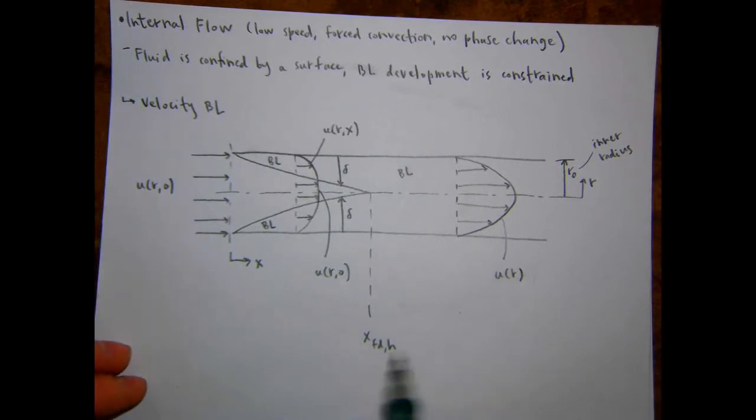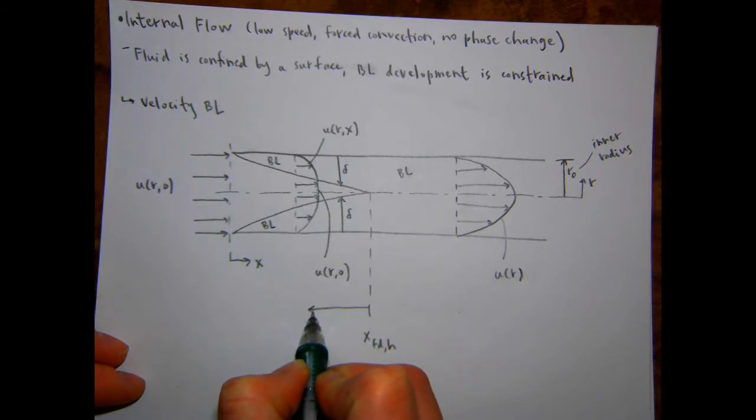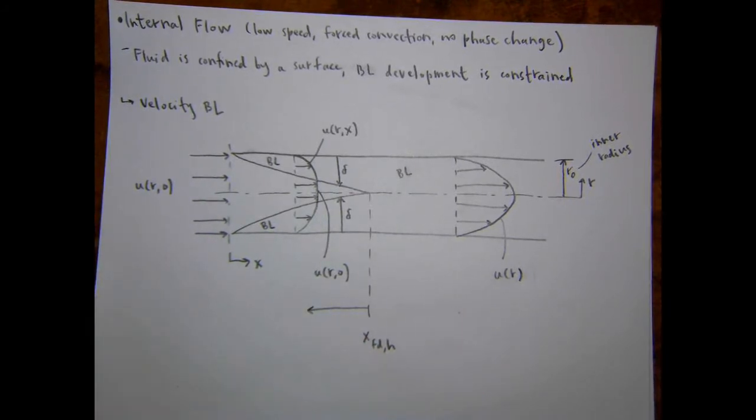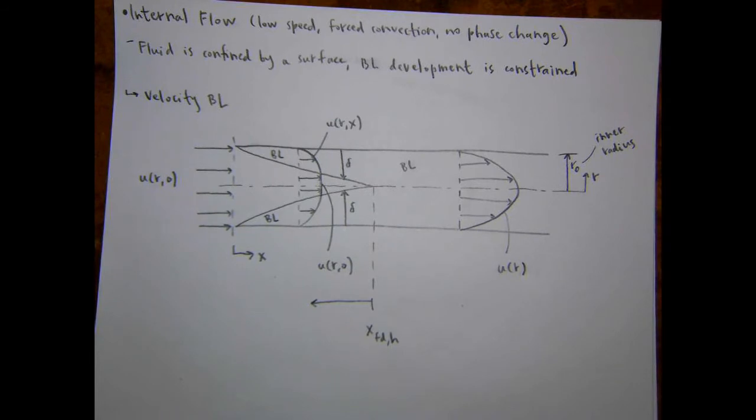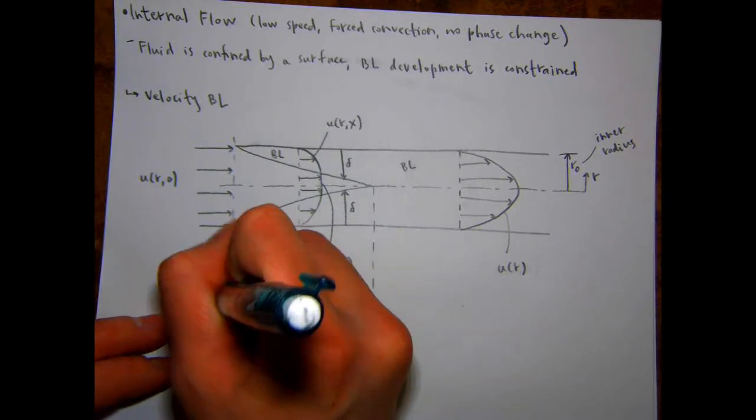So this x location where the boundary layers merge is called the hydrodynamic entry length. So this region is the hydrodynamic entrance region.